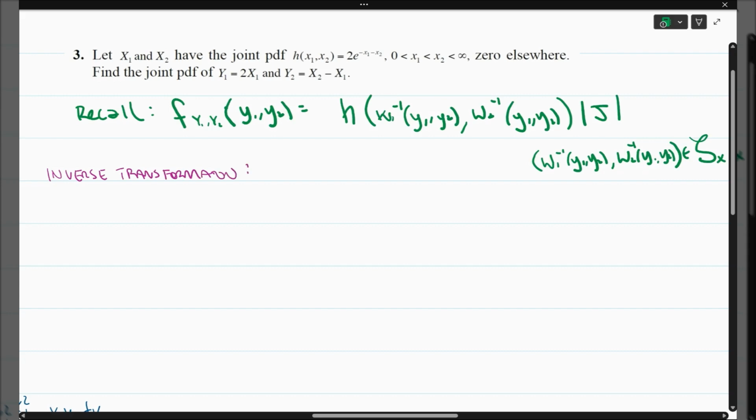Okay, so we can easily see what x1 would be. It's y1 over 2.